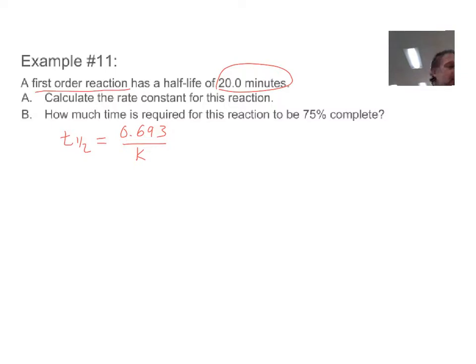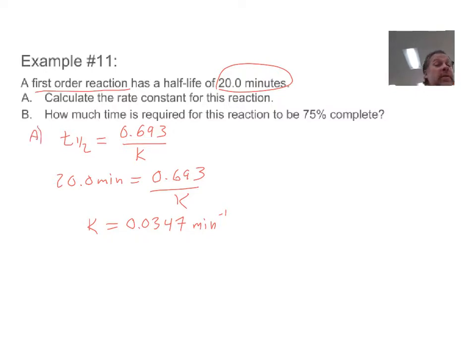Because we know the half-life is 20 minutes, I'm going to substitute that here and say I have 20 minutes equal to 0.693 over K. And when I solve for K, I get a value of 0.0347 per minute. So that's my rate constant. I can go ahead then and plug that into the integrated rate law for a first order reaction and calculate the final concentration or the initial concentration or anything along those lines. So that's how we use the half-life formula.